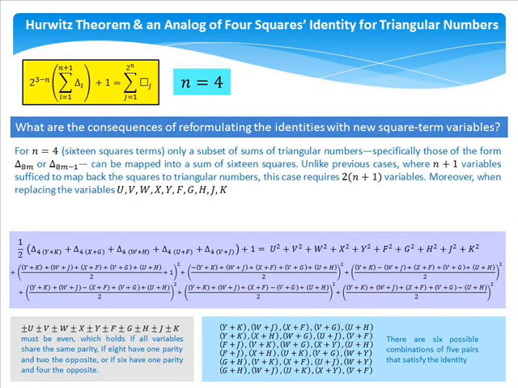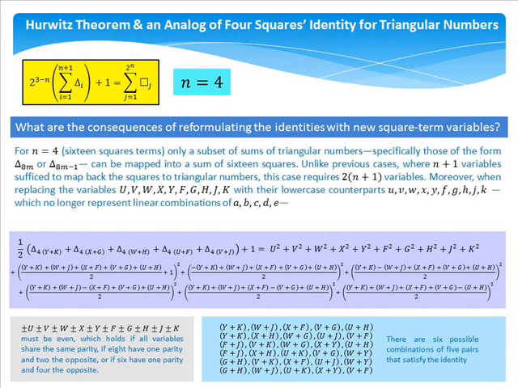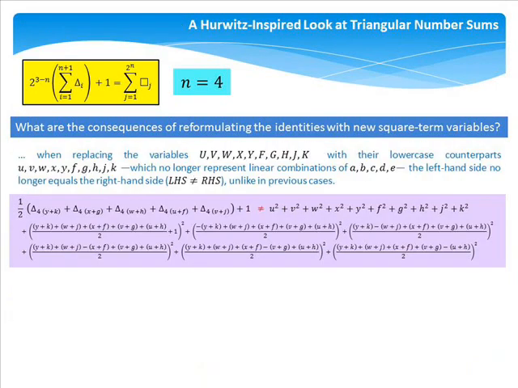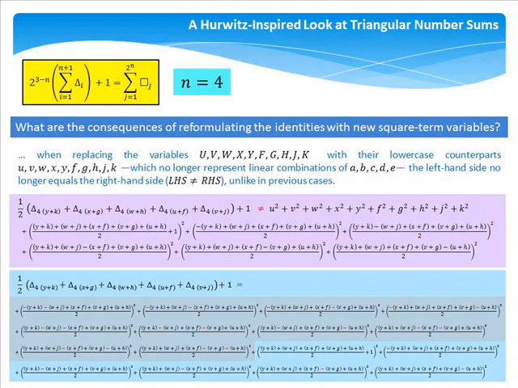Moreover, when replacing the 10 variables with a lowercase counterpart which no longer represent linear combinations of A, B, C, D, and E, the left-hand side no longer equals the right-hand side, unlike in previous cases. Below, we display the 10 required terms instead of u, v, w, x, y, f, g, h, j, k to ensure the left-hand side equaling the right-hand side.